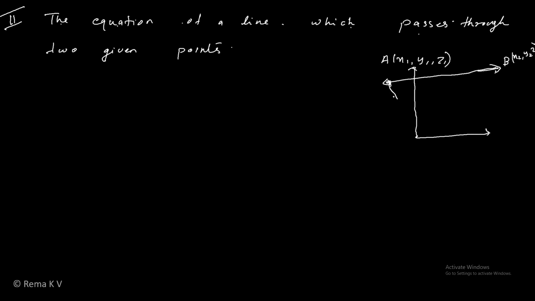So here the position vector of A, we can join these two, and let this vector be A. This OA is vector A and OB is to be taken as vector B. Let us consider any arbitrary point P (x, y, z) on this line, and let vector OP be equal to vector r.